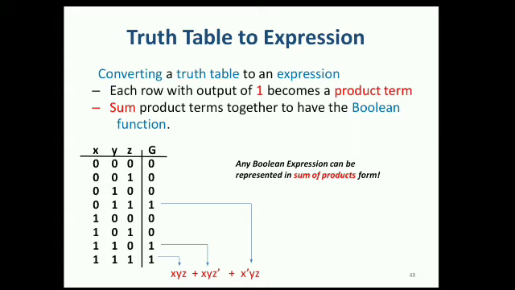It means x complement, y, z, and the product of these 3 is known as a product term. Another one is x is 1, y is 1, z is 0. It means x, y and z bar. The third one is x, y and z, and the sum of these 3 terms is nothing but a sum of product terms, or we can say SOP, sum of products.